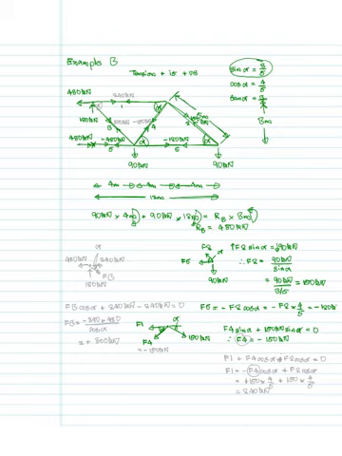So you could see that you could actually have written that directly if you wanted to. F4 is equal to minus 150 kilonewtons. So let's put that onto the drawing down here, and we put minus 150 kilonewtons.